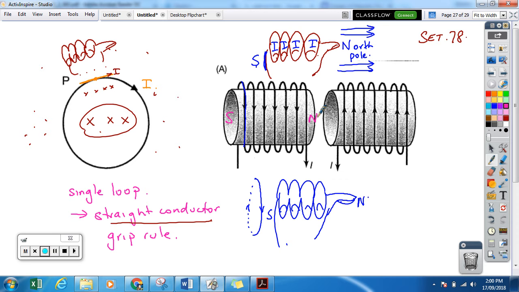Looking at the second solenoid here. Now remember, a solenoid is simply a coil of wire. This coil of wire has been wrapped around a hollow barrel so that we can see the direction of winding. This time the current is going in this direction, going in and up there and coming out here.